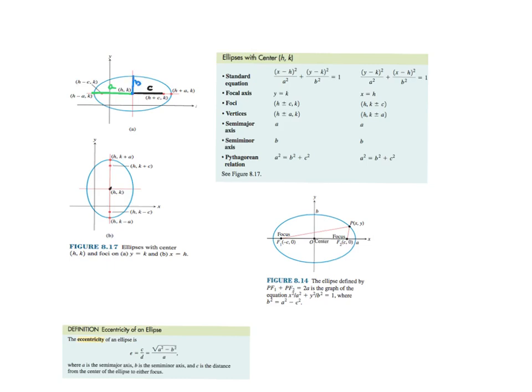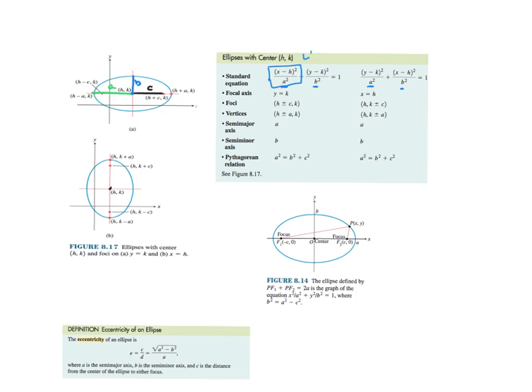So then when you look at the equations of the ellipses, whether they run left and right or up and down, you can see that we have an A value and a B value in each of the equations. The difference in the two equations is that if it goes left to right, A is under the x squared.